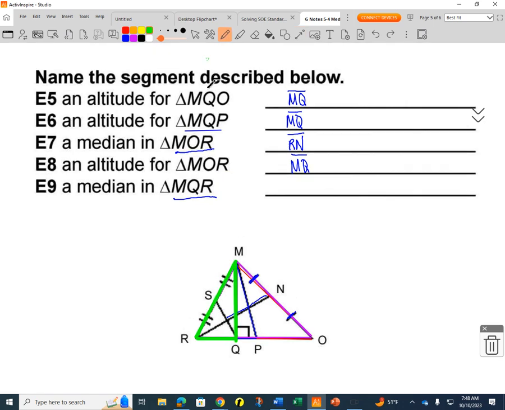And remember, a median has to go from a vertex and has to bisect an opposite side. So MQR, we've got this segment right here. This segment goes from angle Q to side MR, and you can see it bisects it here. So QS would be the median for triangle MQR. QS.